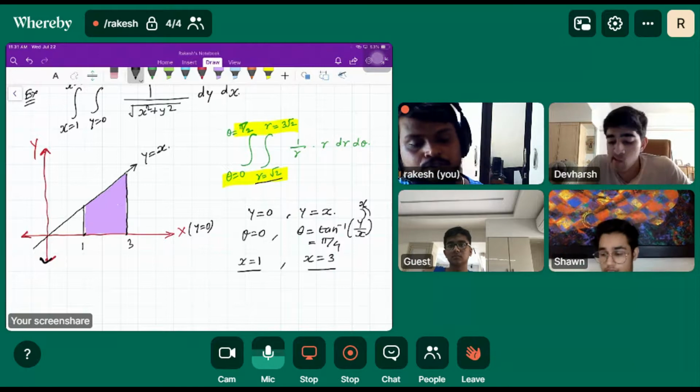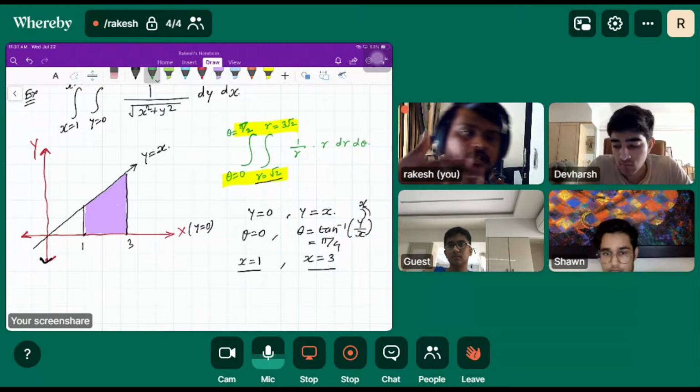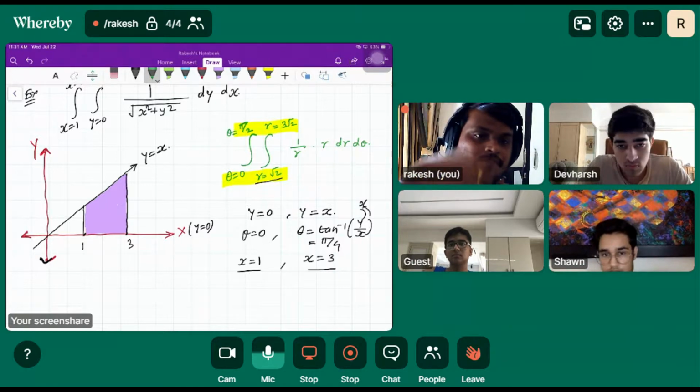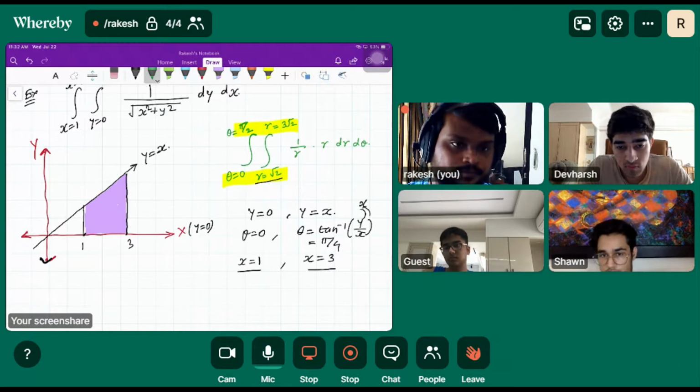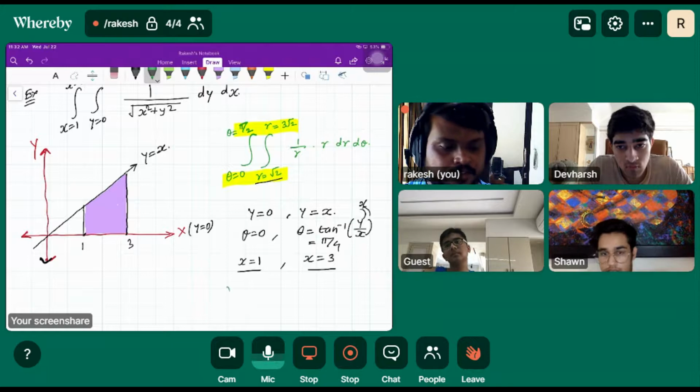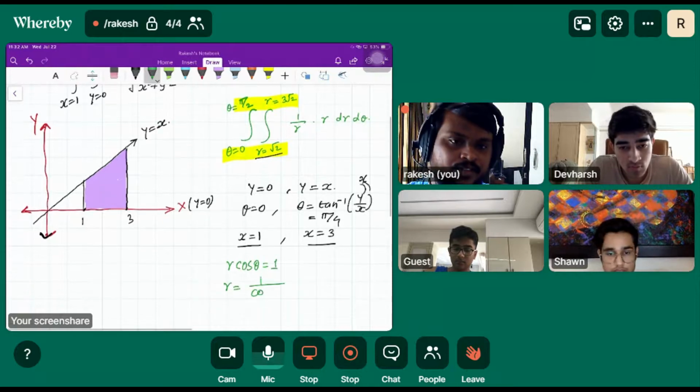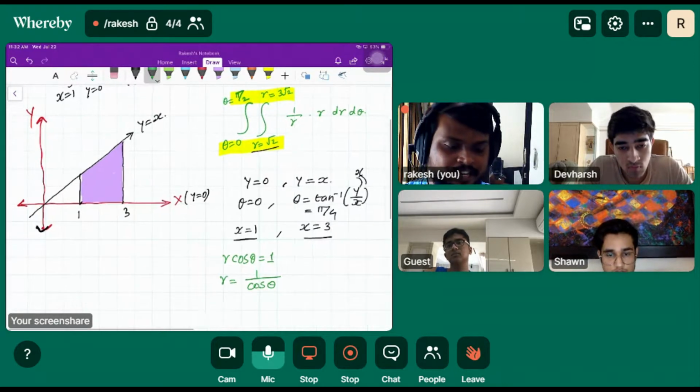Now for x is equal to 1, how do we convert it to polar form? What is x in polar form? R cos theta. Very good. So r cos theta is equal to 1. What is r value? 1 over cos theta. Can we write this in a more decent way?